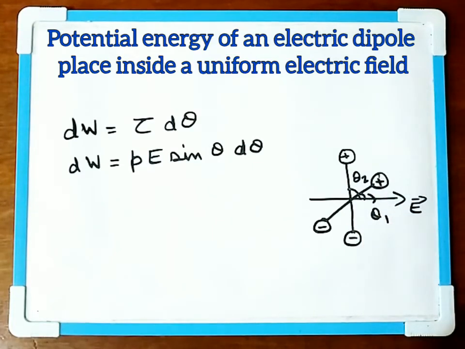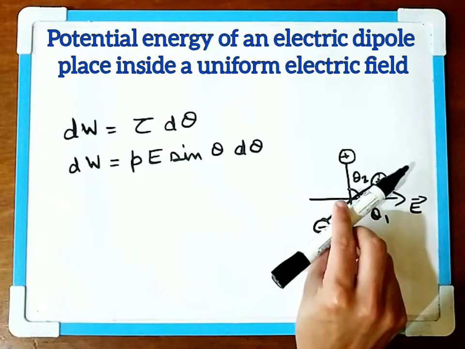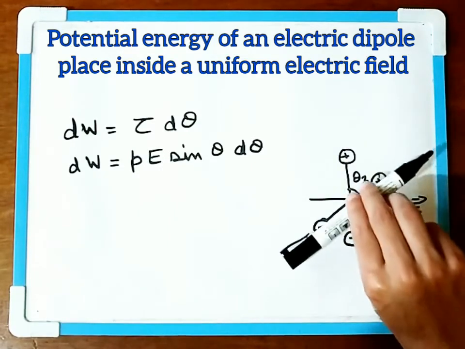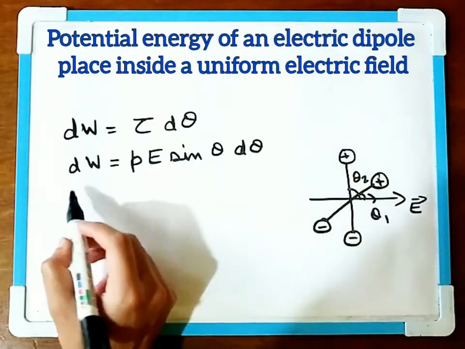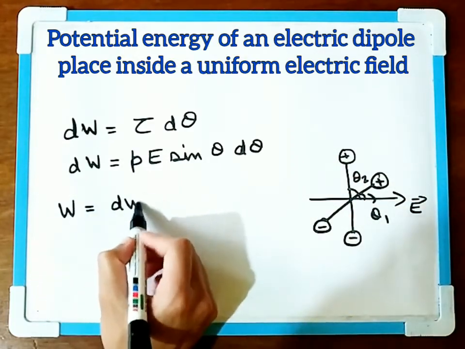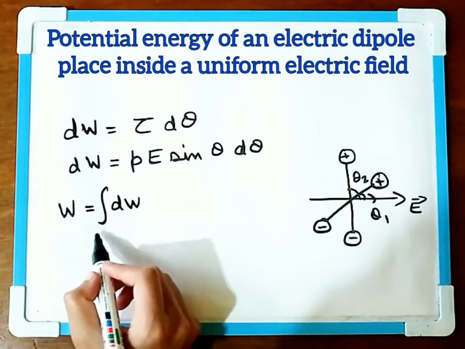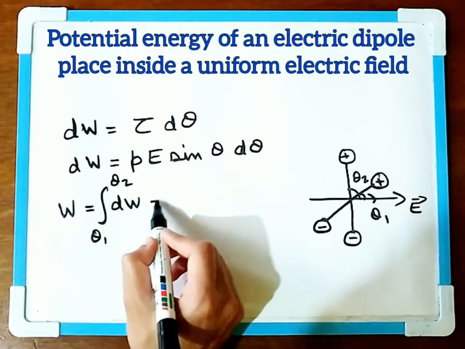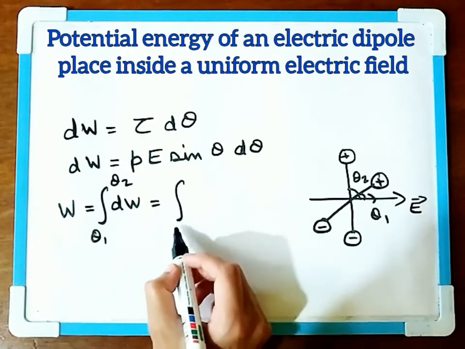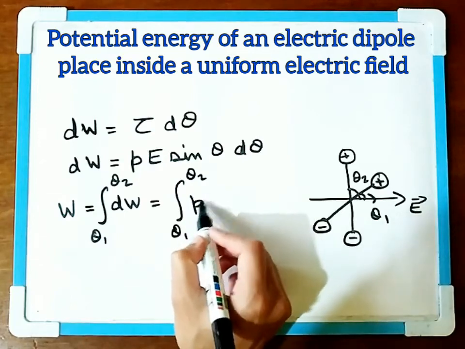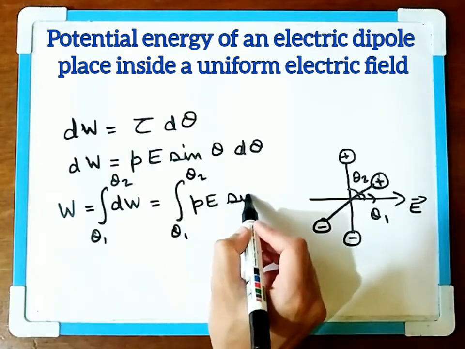Then the work done in displacing the dipole from theta 1 to theta 2 can be found by integrating this small work done in the limit theta 1 to theta 2 of PE sine theta d theta.